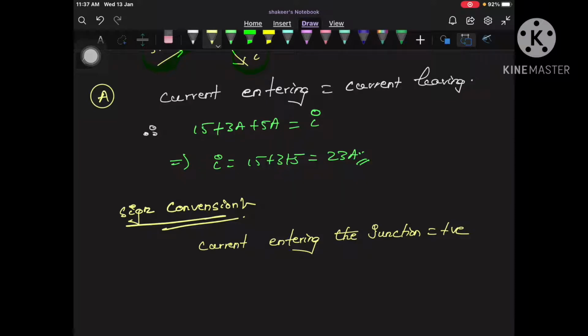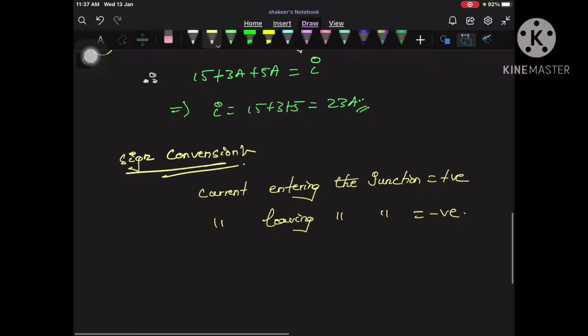This is how I can take it. I can take negative also. If I take one value positive, the other value I have to take negative. If I take current entering the junction as positive, then current leaving the junction I have to take as negative. By using this sign convention also, the total sum of currents should be equal to 0. In this method also I can do the calculation.